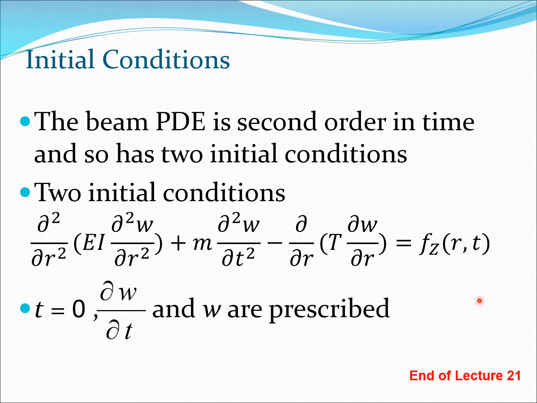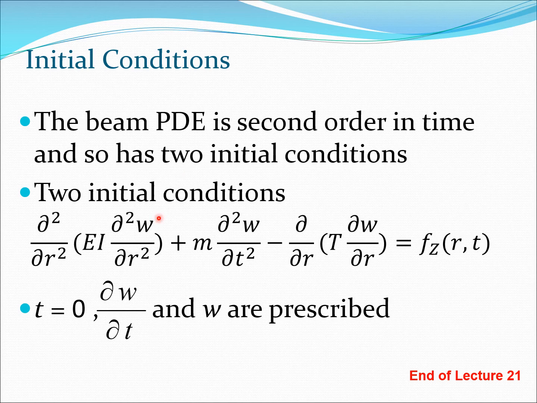Now besides boundary conditions, you would realize if you look at this equation carefully that you also have the term with respect to time. So the term involving mass involves the second derivative with respect to time, and therefore it is going to give you a solution with two constants, and to determine these constants you need two conditions, and these are typically known as the initial conditions for the problem.